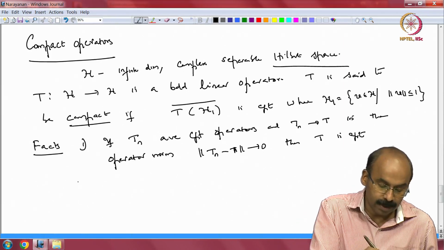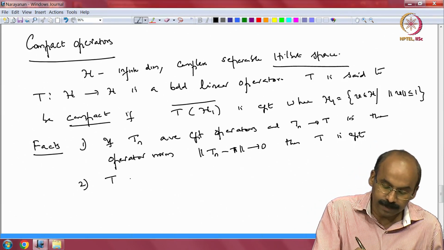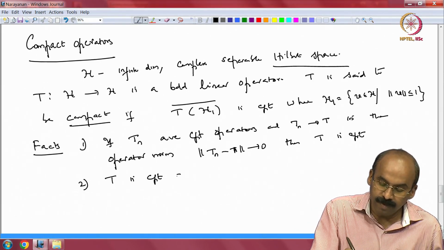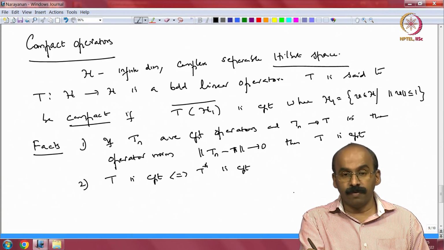then T is compact. Two, T is compact if and only if T star is compact, the adjoint of T defined using the inner product.